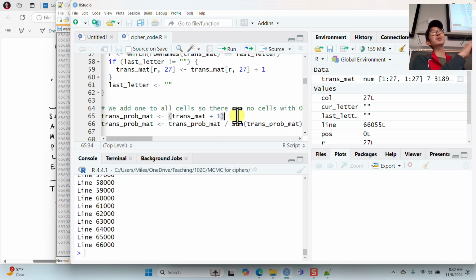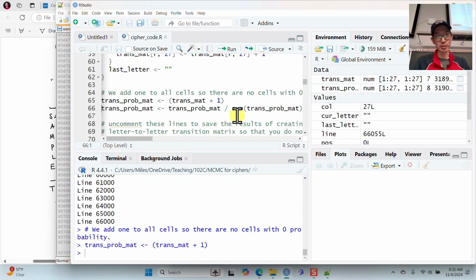But if you use that as a probability, then a 0 probability can become problematic, because if in your text you just have that combination QJ, and it could have just been a coincidence, and again, somebody could have been reporting a license plate, and you might have seen QJ or something, but then they would say 0 probability, so even if everything was right, suddenly that's going to become a 0 probability. So we're just going to add 1, so we don't have any zeros in here, okay?